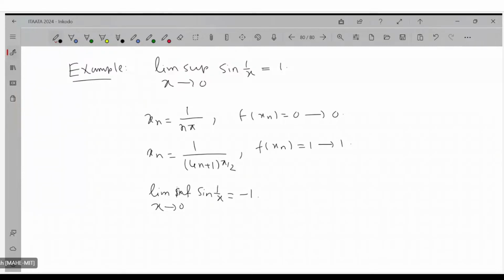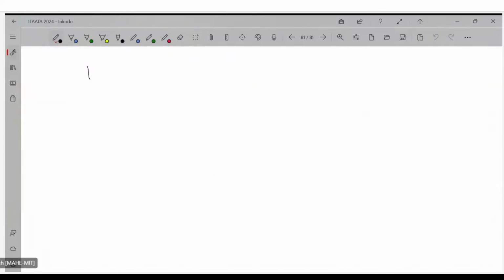What about if we take limit x tends to 0, mod of sine 1 by x, limsup? It will be 1.